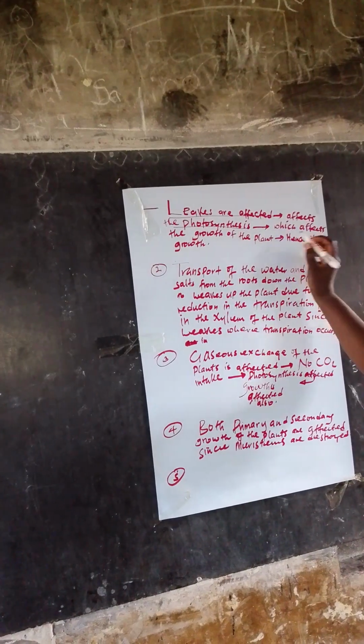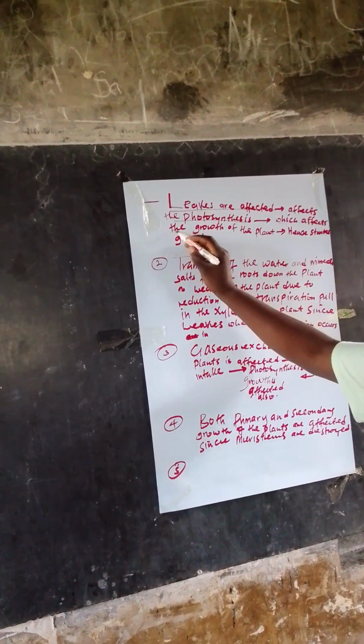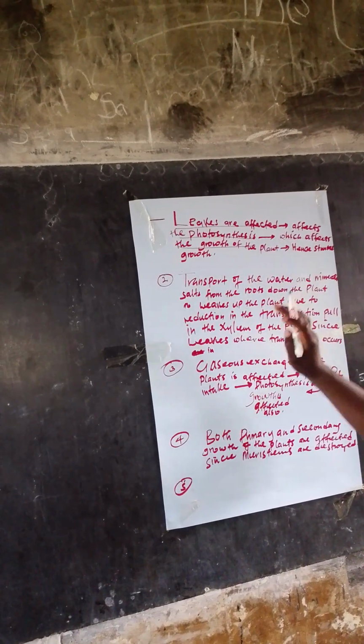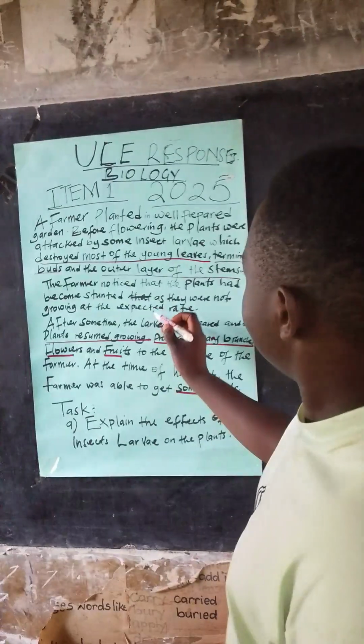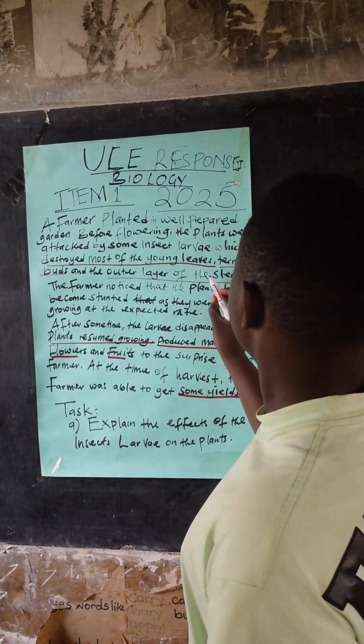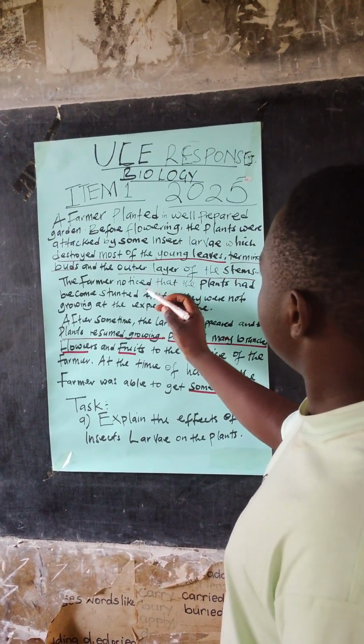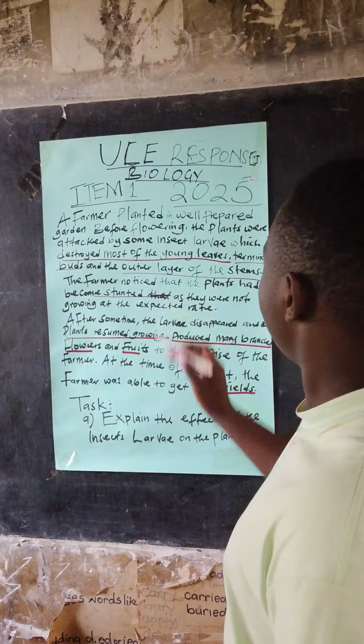So even the rate of growth of the plant will be affected, hence experiencing stunted growth of the plant.